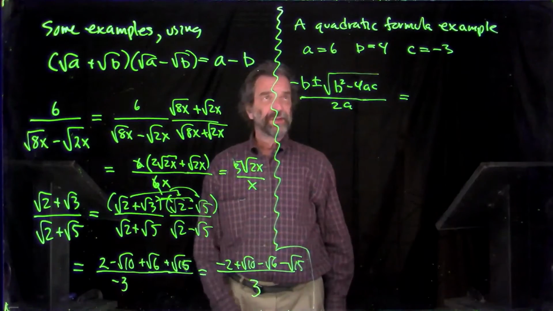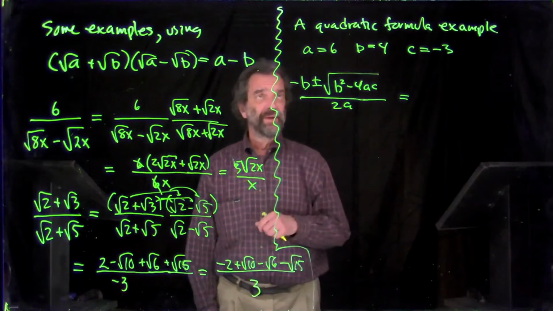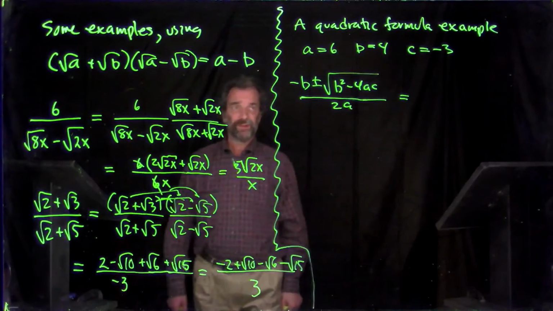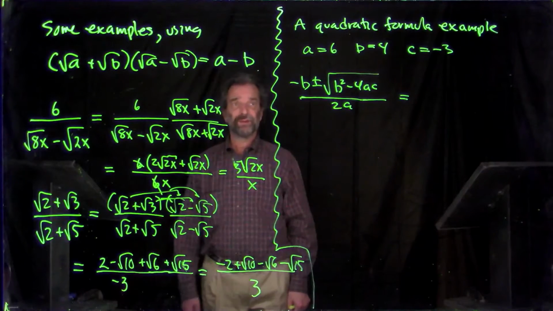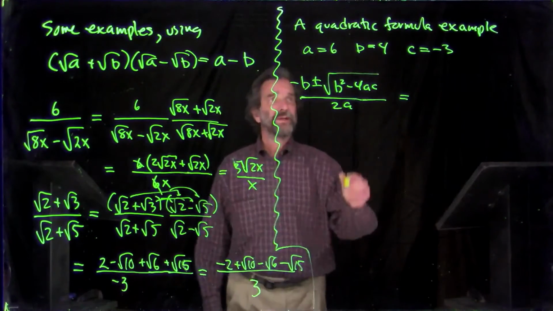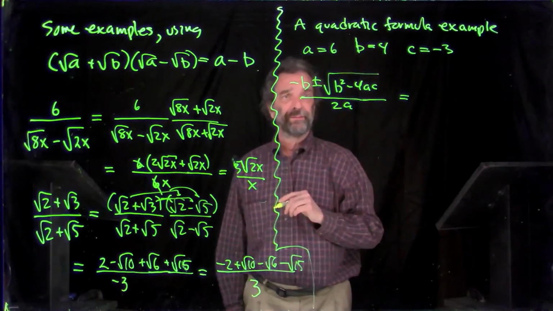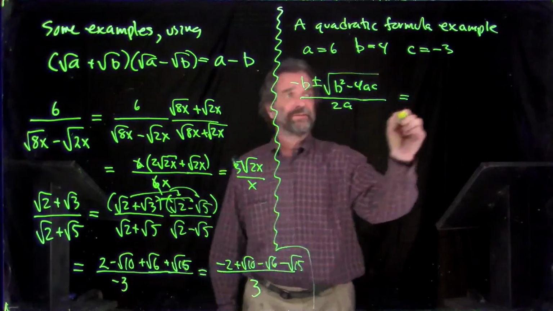So another place where sometimes we have radicals and we have to simplify is things that come out of the quadratic formula. So there's the quadratic formula. Those are the solutions to the quadratic equation with leading coefficient 6, coefficient of x 4, and constant term minus 3 set equal to 0. So we'll plug all that stuff in.